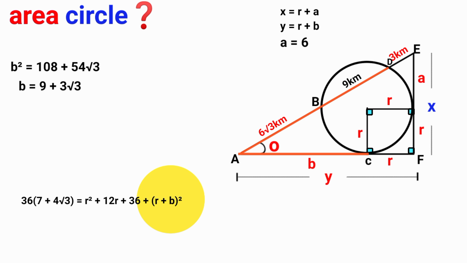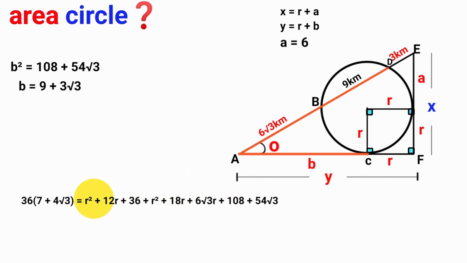Here, (r + b) all squared, if you expand, is r squared plus 2rb plus b squared. These values here, we substitute them here. So it is r squared plus 2r times (9 + 3 root 3) plus 108 plus 54 root 3. 2r times (9 + 3 root 3) is 18r plus 6 root 3 r.